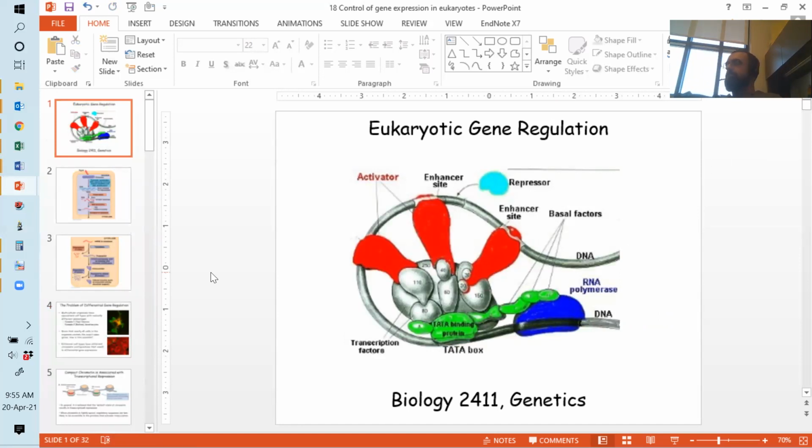All right, so essentially, bacteria have really very careful ways of controlling gene expression. One is that they group all the genes needed for one particular task together into an operon.